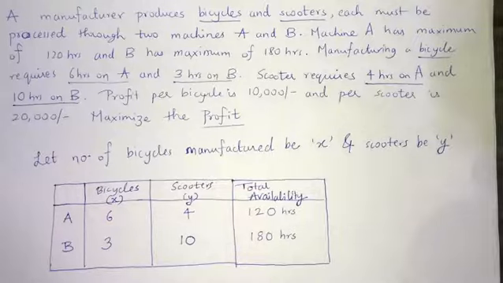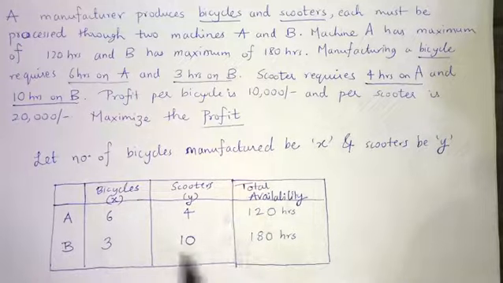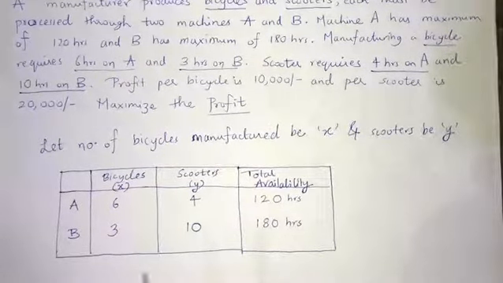Okay, so that is how I have created a table where I have written the products to be sold in columns, and the constraints, machine A constraint and machine B constraint, in rows, so that it becomes a little easier for me to write down or identify the linear inequations.